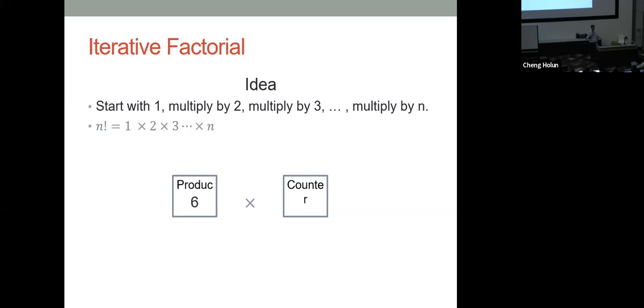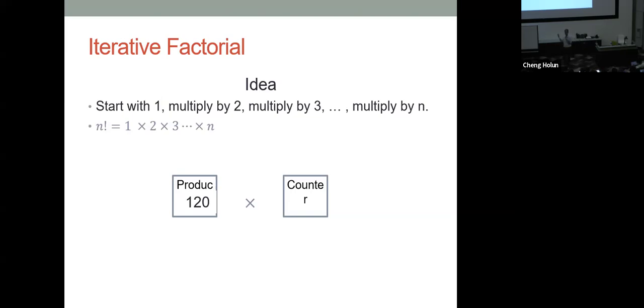The next step, 6 times 4, right? Next, 5, and so on. Do you see that the product is actually storing the product so far? And when I go through everything, whatever is in the product is the factorial.